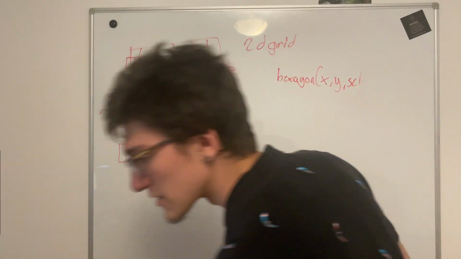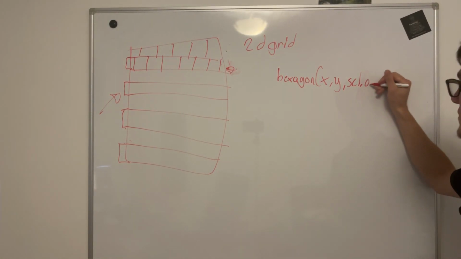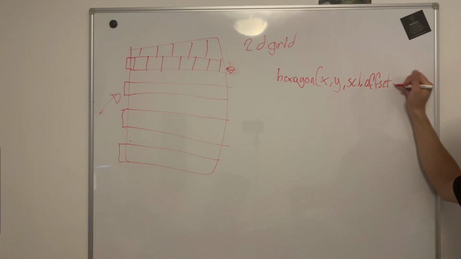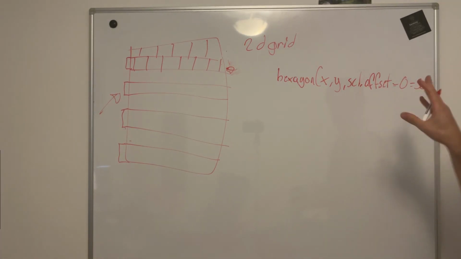The scale for the hexagon, as well as an offset, which half of the time will be 0, basically. And the other half, it will be the scale divided by 2, right? Hopefully you can see this. It's a bit on the edge, but it doesn't matter. So I'm thinking this.